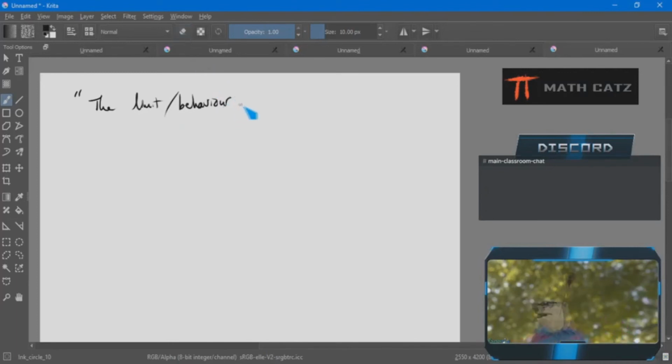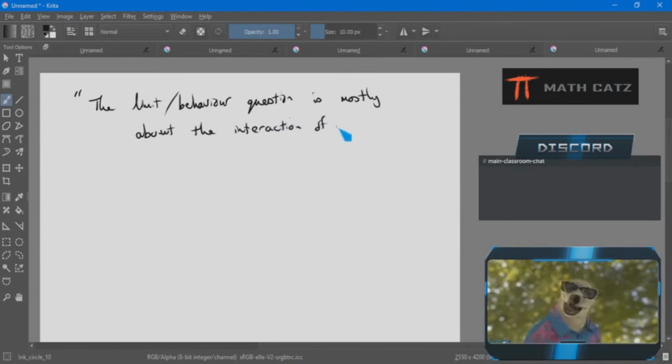The limit or behavior question is, yeah, I'd say it's mostly, I don't want to say always, it's mostly about the interaction of the components of the function.